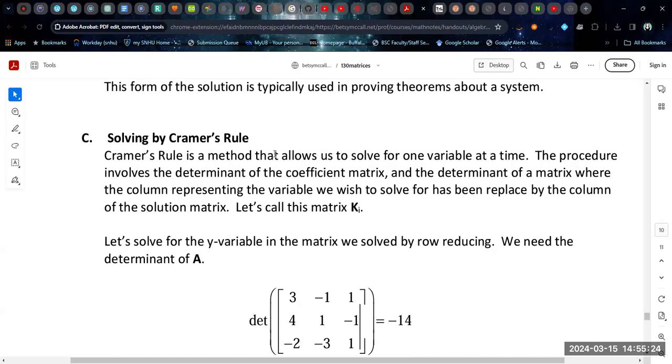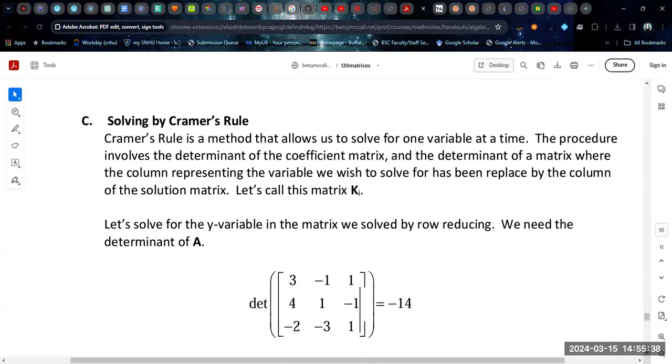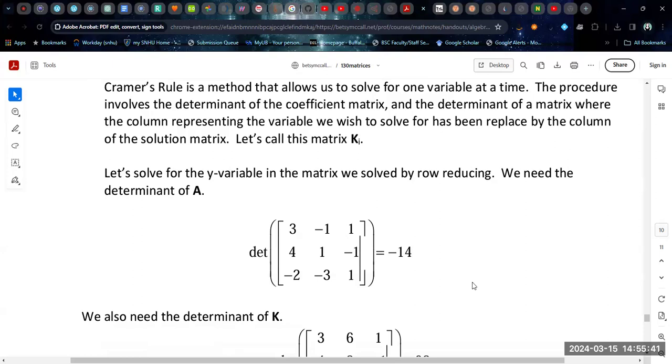And particularly if the determinants are 3 by 3 or bigger, that process can be quite messy. But the idea behind Cramer's rule is an interesting one. And so it is one of the processes that we do learn in some classes.